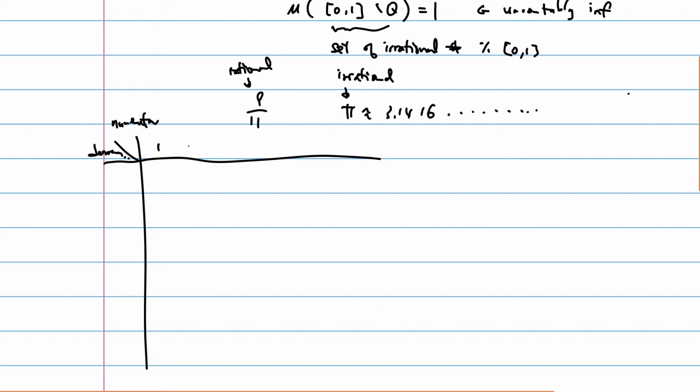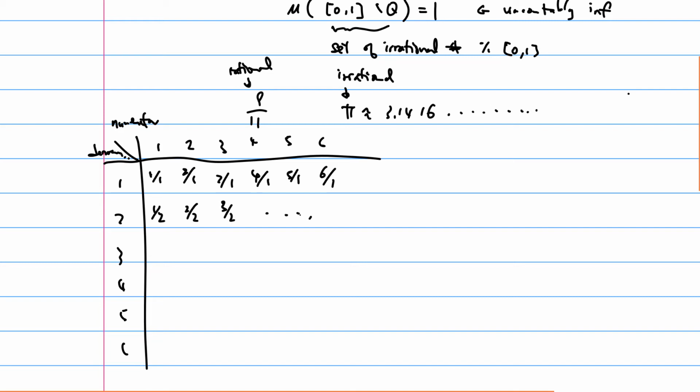So I have 1, 2, 3, 4, 5, 6 as numerators and 1, 2, 3, 4, 5, 6 as denominators, and I can write a table like this: 2 over 1, 3 over 1, 4 over 1, 5 over 1, 6 over 1, and then 1 over 2, 2 over 2, 3 over 2, and so on. Then 1 over 3, 2 over 3, 3 over 3, then 1 over 4, 2 over 4, and so on and so forth.